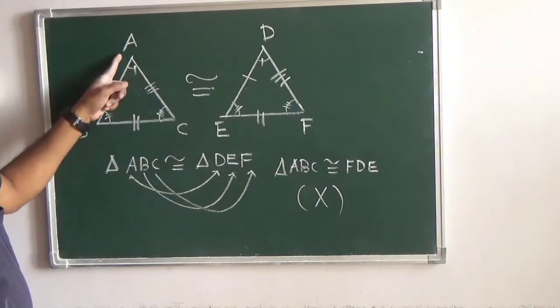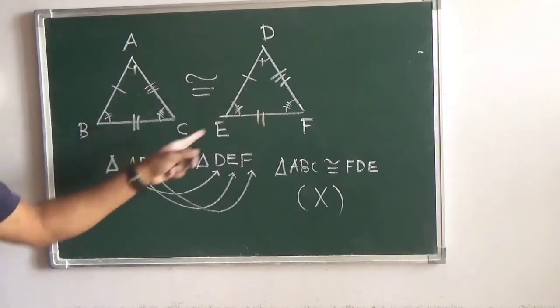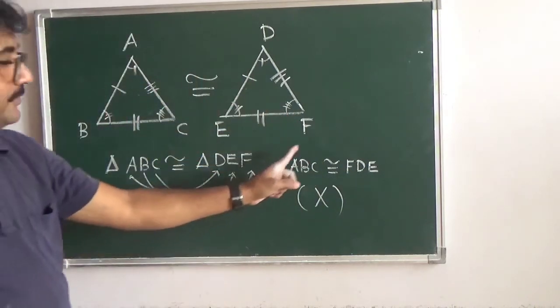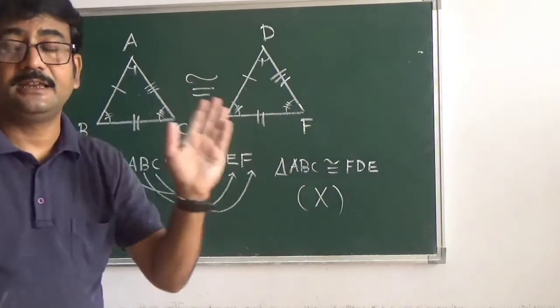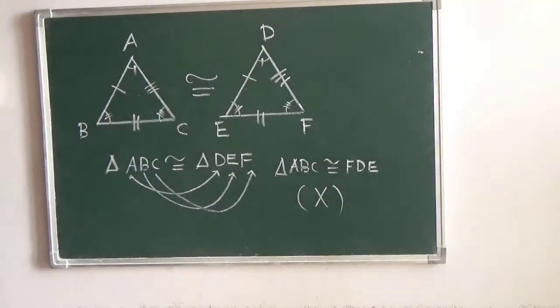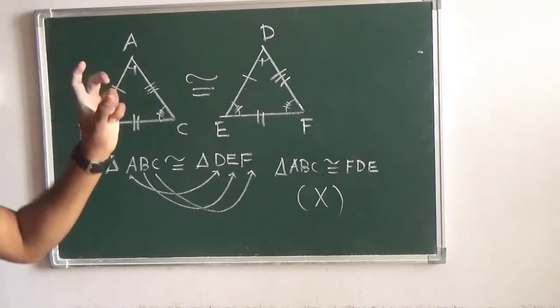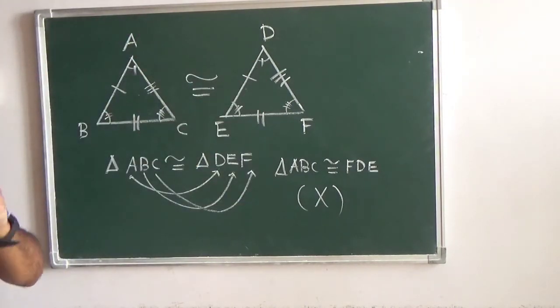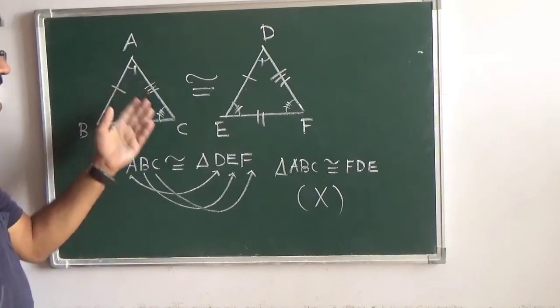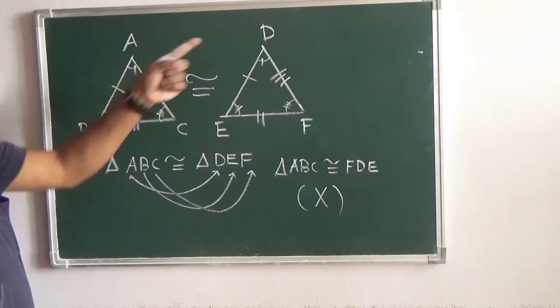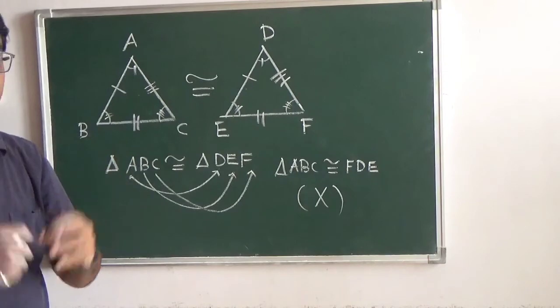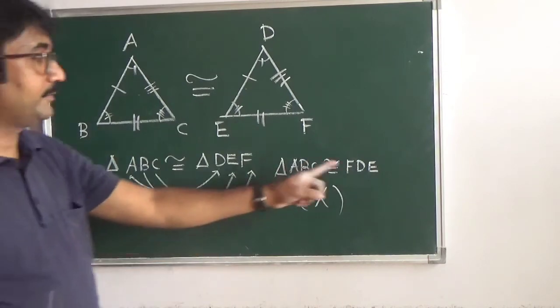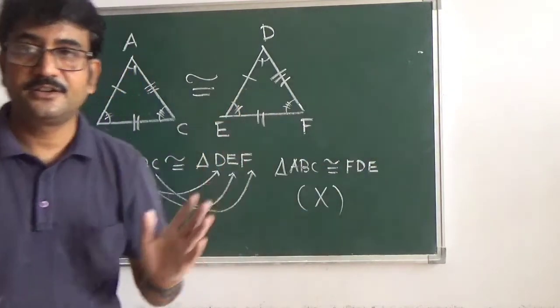A is not equal to F according to the given condition. So if you write this type of statement, it may go wrong. So be careful that the sequence of the vertices matters. Though we have explained things in terms of the angles and the sides, the position or the sequence of the vertices is very important when you write that the two triangles are congruent. This you have to take care of.